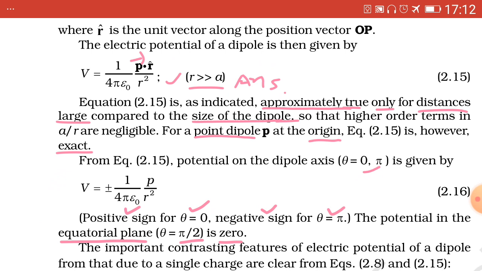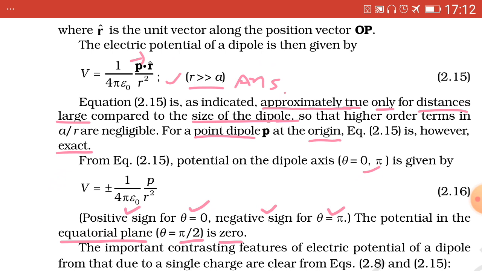Now the electric potential of a dipole is given by capital V equal to 1 upon 4 pi epsilon 0, that is Coulomb's constant small k, into vector P dot r hat upon r square, and this is only when r is greater than a.